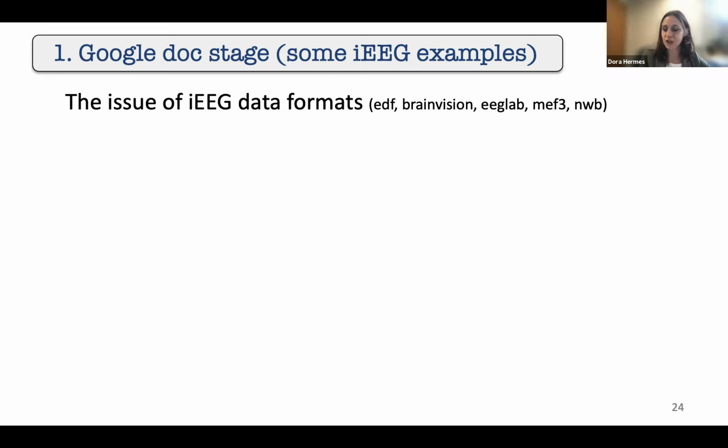So the BIDS validator is not going to give an error if you store your data in either EEGLAB, MEF3 or NWB format, but those are there for necessity. For example, MEF3 was essential for clinical data in particular, because it has HIPAA approved encryption.